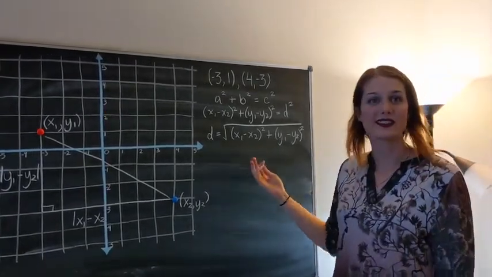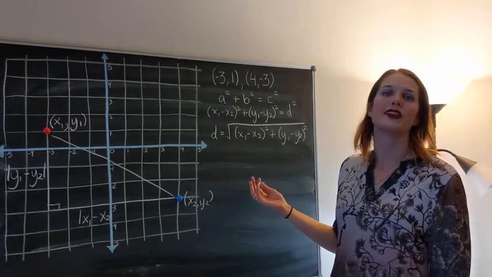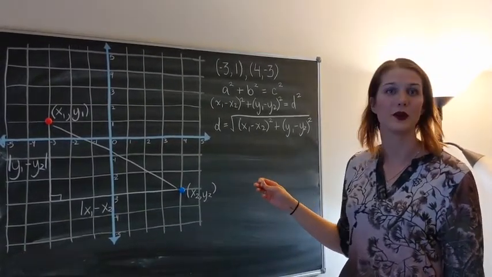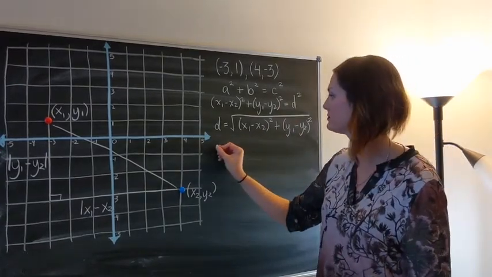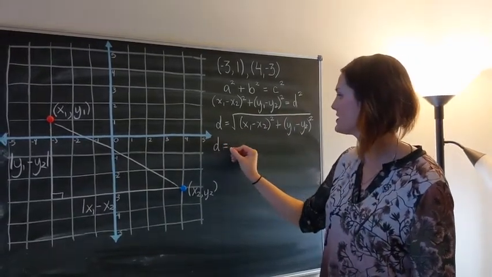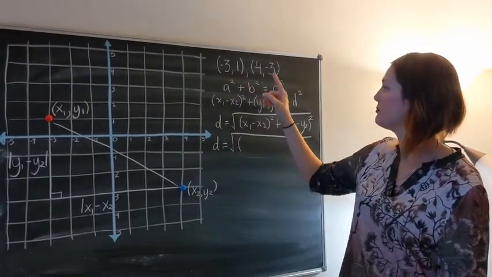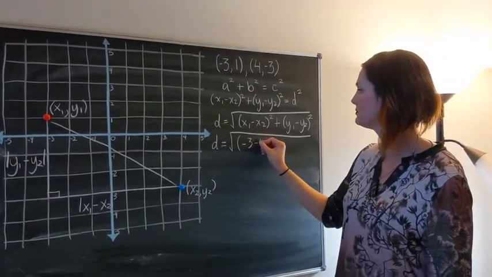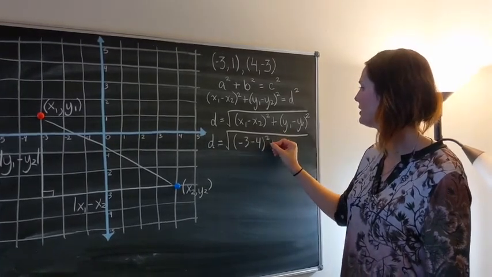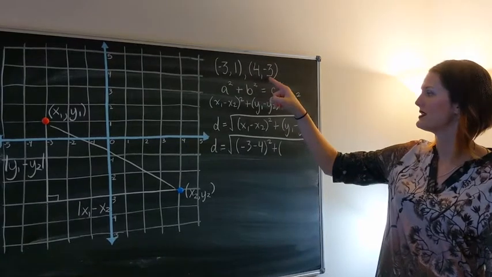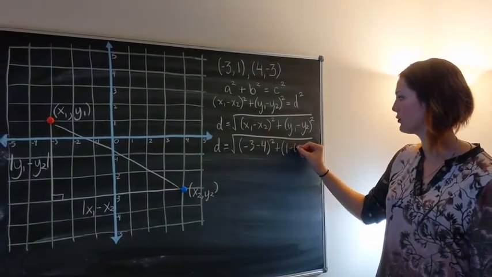Now that we have this distance formula, we can just put in our values for x1, y1, x2, and y2 from our 2 points. So in this case, our distance will be the square root of (-3 - 4) squared plus the difference between our y coordinates, (1 - (-3)) squared.